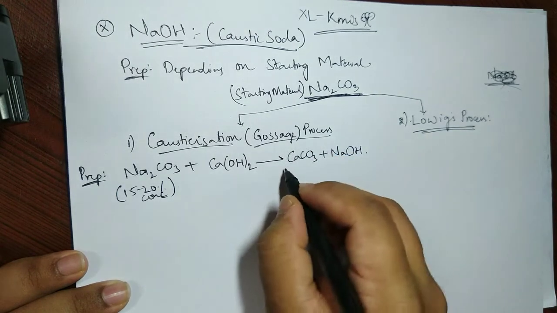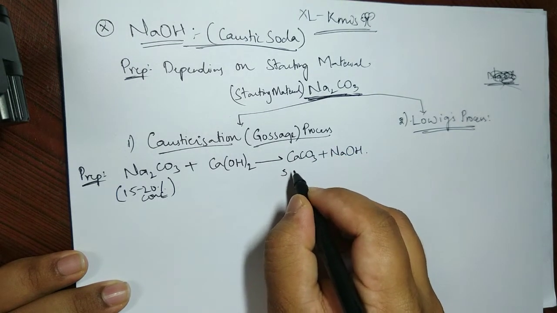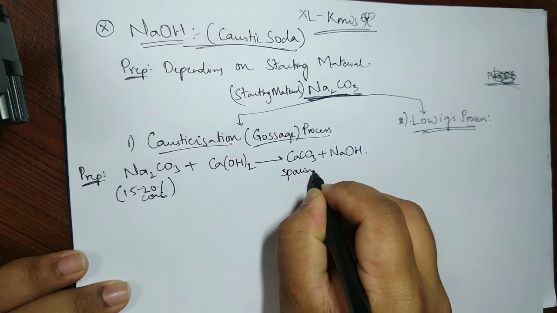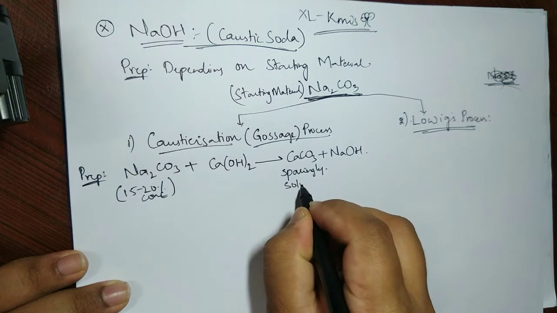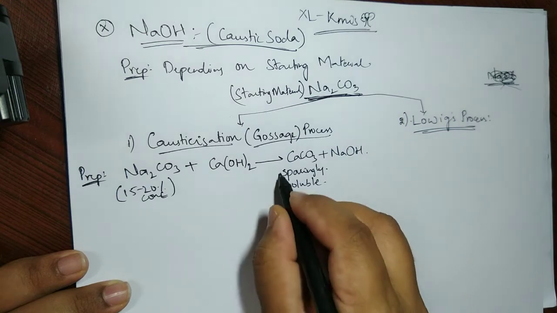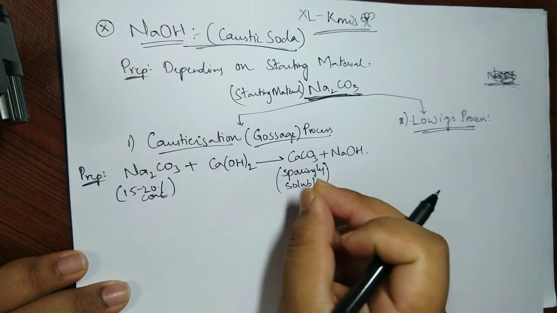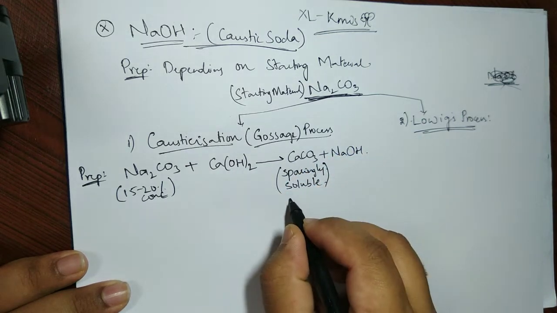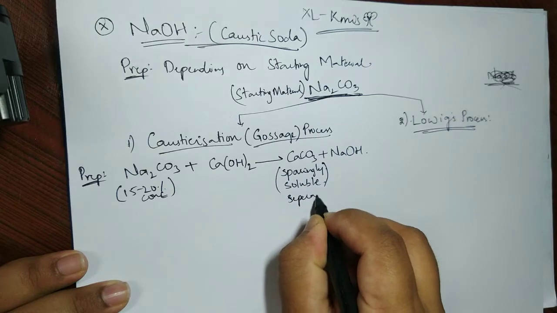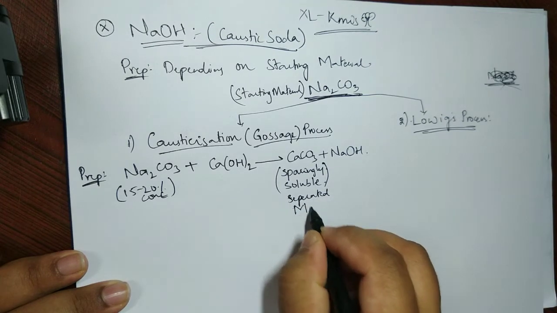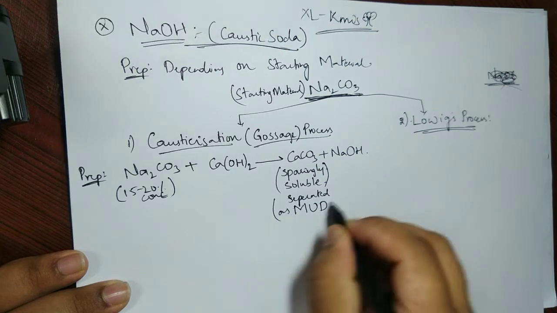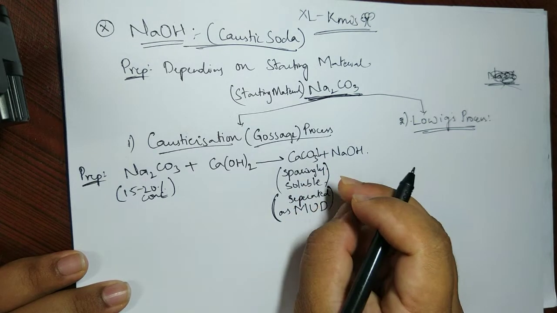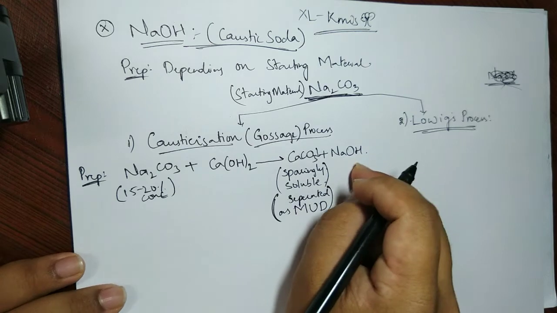This CaCO3 is sparingly soluble in water, meaning not completely, only a very little amount is soluble. Most of the calcium carbonate is precipitated out, separated as mud at the very bottom of the container. Calcium carbonate precipitates out, being very less soluble, and sodium hydroxide is completely soluble.